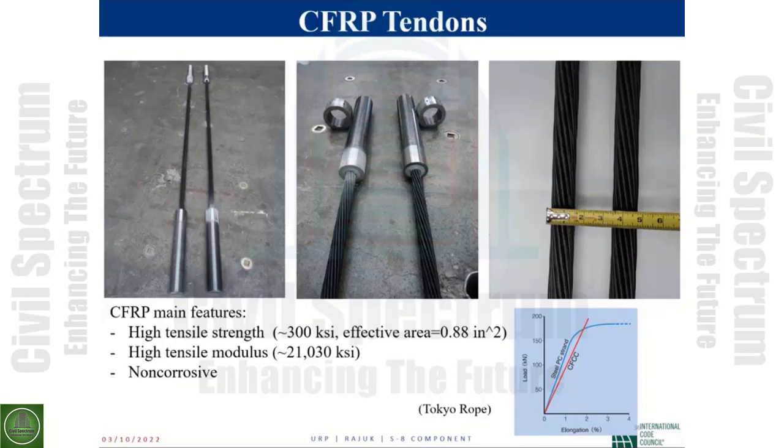What is important is that we use them in an unbonded setting. And because they are made from carbon fiber reinforced polymer, they are non-corrosive. If we use steel tendons in the column and make them unbonded, moisture will get in and they corrode. But these tendons do not corrode.